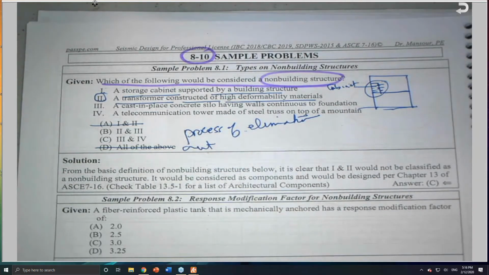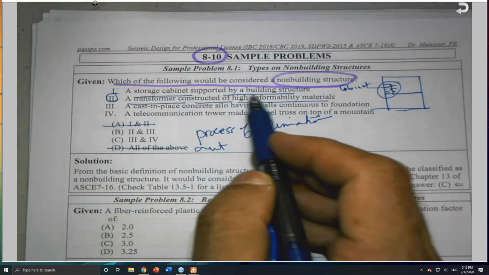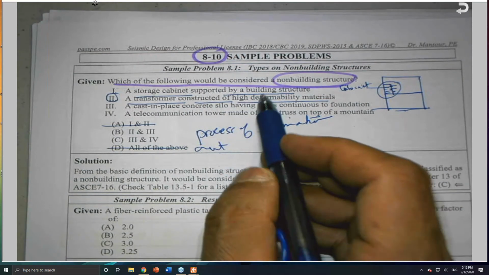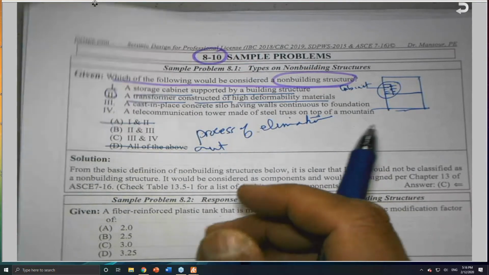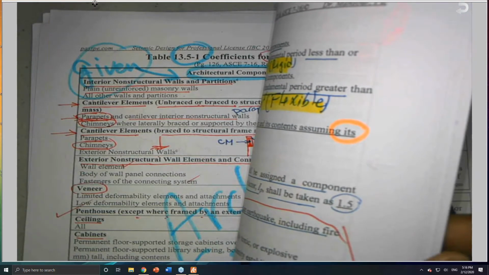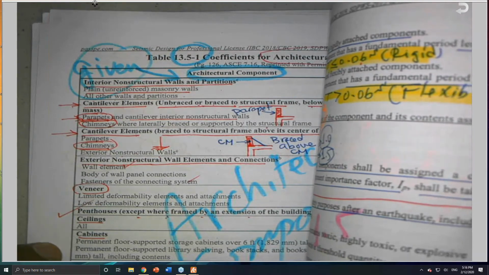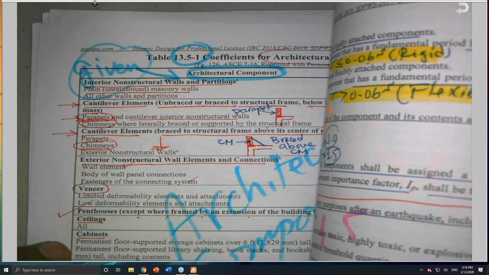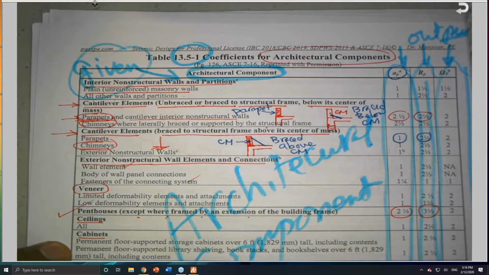You might see something like this on the exam. The thing that I am sure about is that a storage cabinet supported by a building for sure is not a non-building structure. Why? Let me take you back to chapter 7. Can you go to page 286, please?